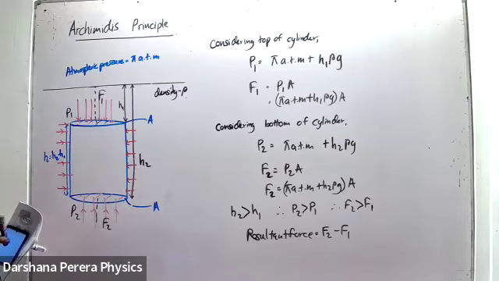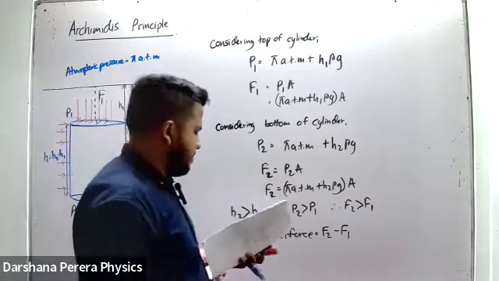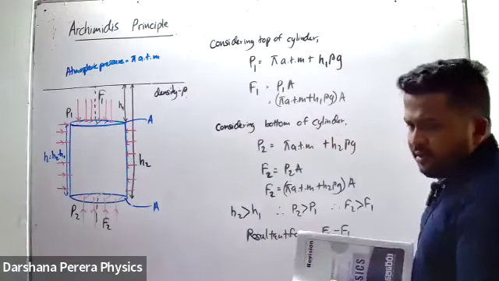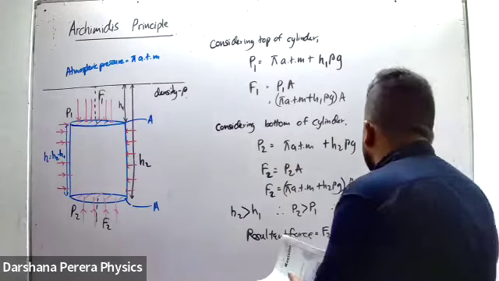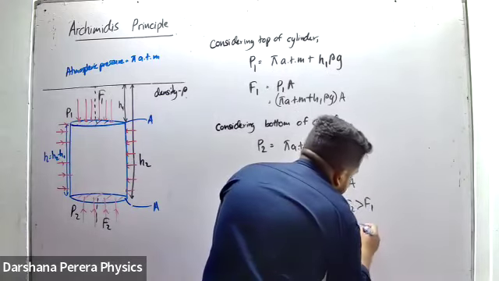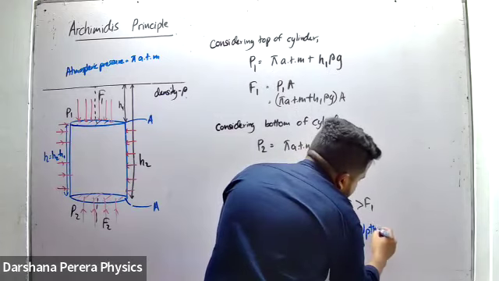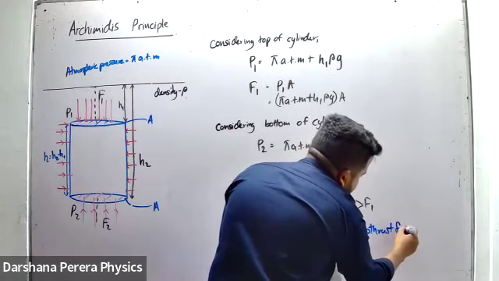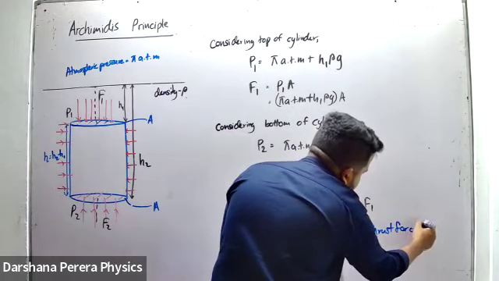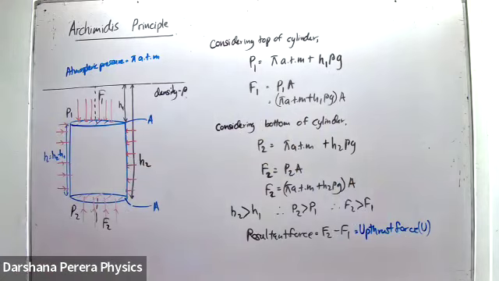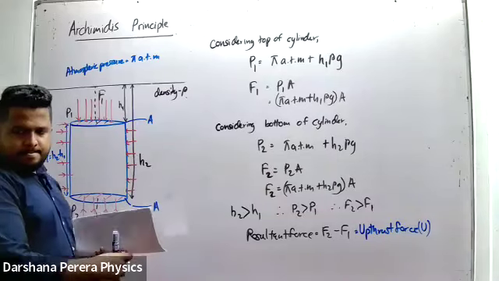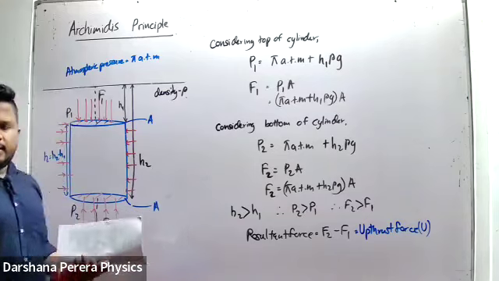Yes, I have erased some. What does this resultant force mean? This resultant force equals the upthrust. Upthrust. You have to memorize this one, okay? Because sometimes they are asking to derive this equation. I think it's clear.